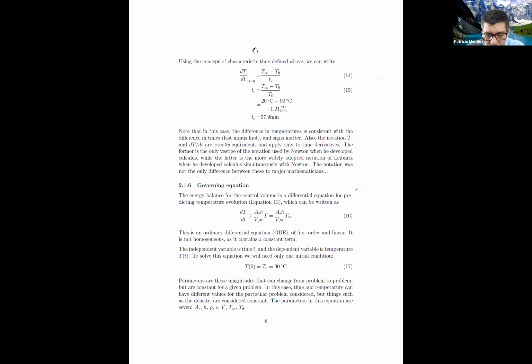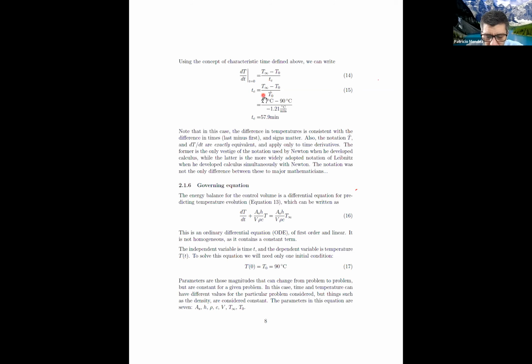In the notes, I also made it clear before that the derivative of temperature with time is shorter to write as T dot. And this cooling rate we have calculated in the previous step.